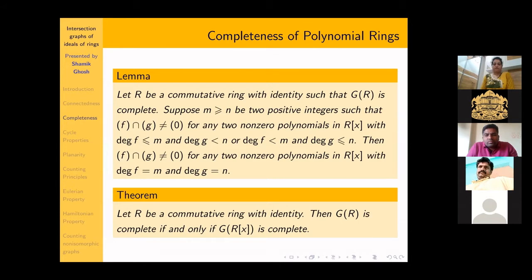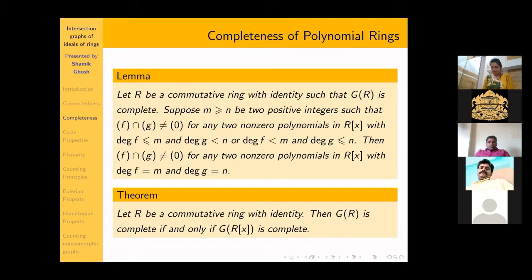And also you can remember the Hilbert basis theorem, where the polynomial ring over a Noetherian ring is also Noetherian. That proof is also non-trivial and a very interesting result, known as the Hilbert basis theorem. And like this, you can achieve a very nice result here: for a commutative ring with identity, its graph is complete if and only if the graph of its polynomial ring is also complete.